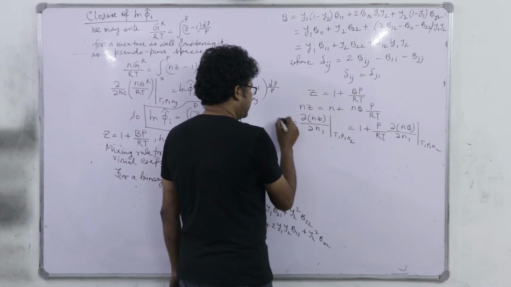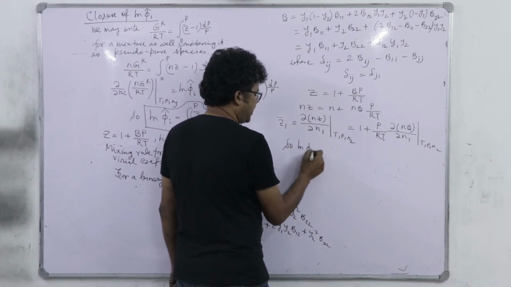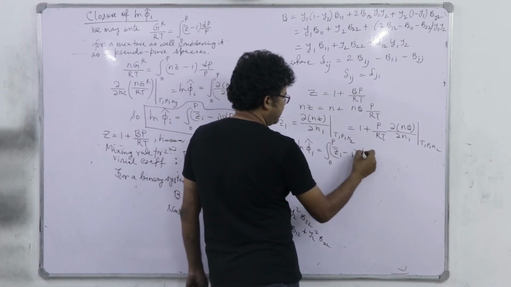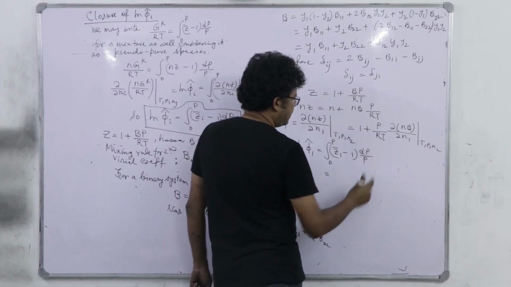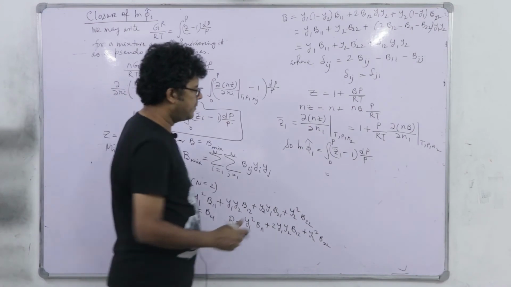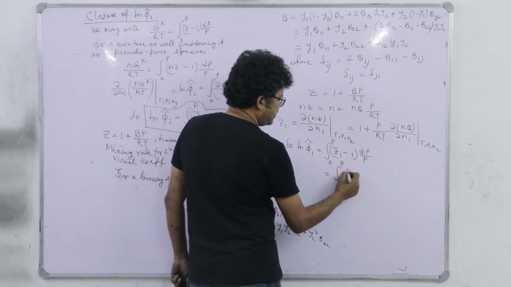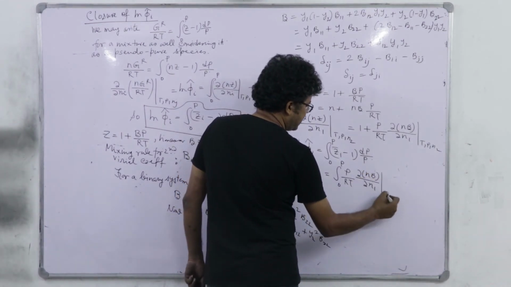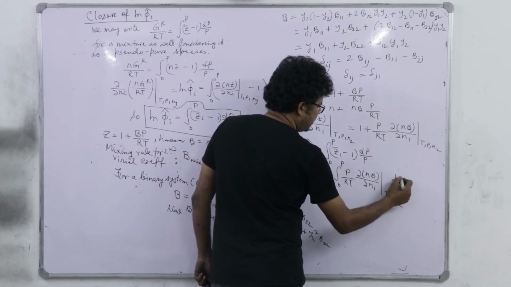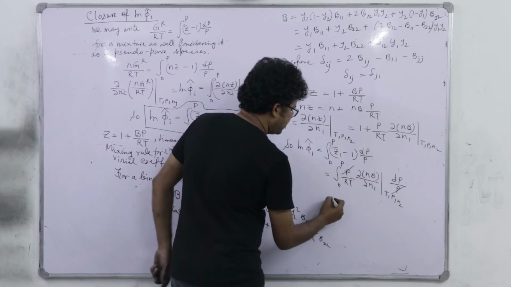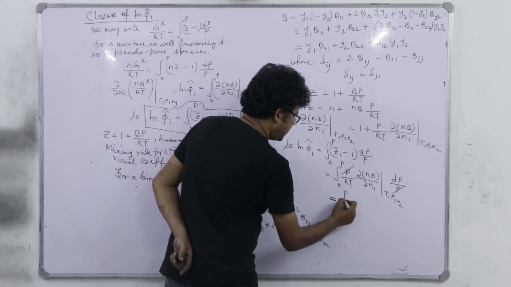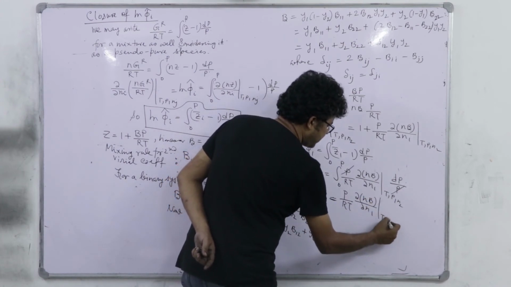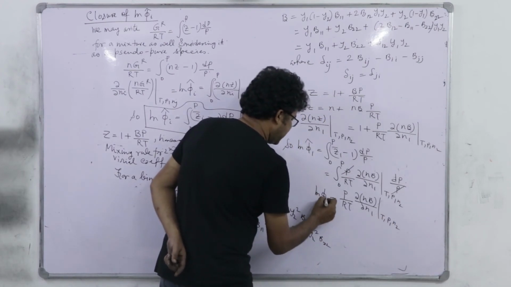So, this is basically Z1 bar. So, ln phi 1 cap is the integral from 0 to P of (Z1 bar minus 1) dP by P. If I substitute this Z1 bar minus 1, it is the integral from 0 to P of (1 by RT) del of NB by del N1 at constant T, P, N2 into dP by P. So, P cancels out, and upon integration we get P by RT del of NB by del N1 at T, P, N2, that is ln phi 1 cap.